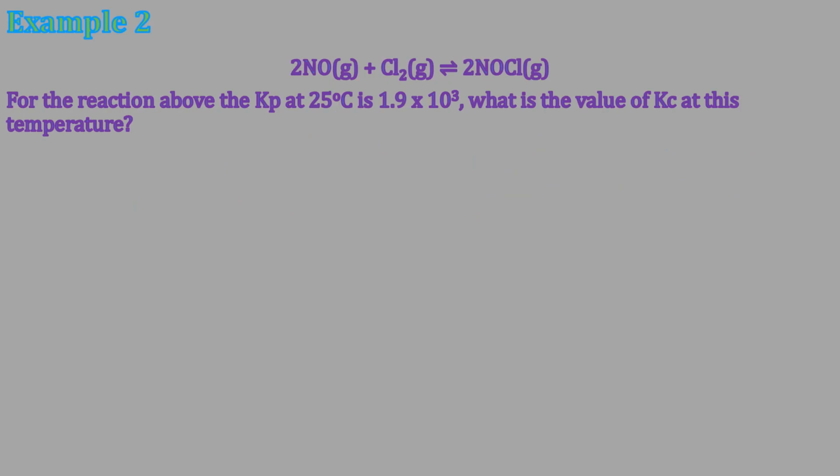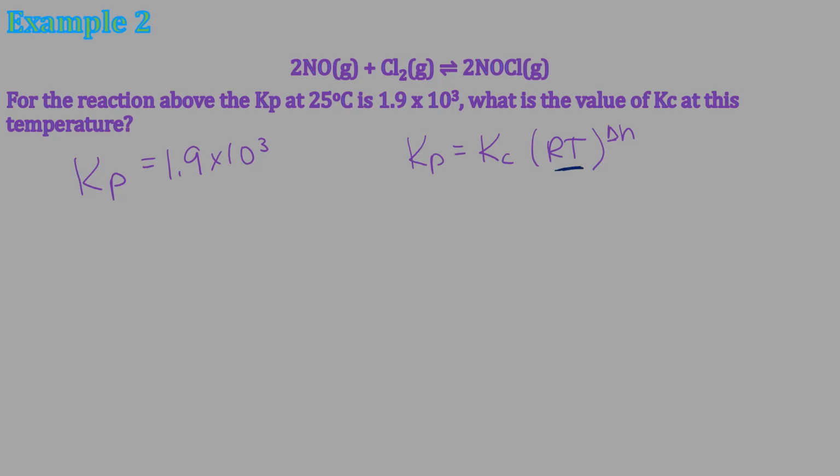For the reaction above, the Kp at 25 degrees Celsius is 1.9 times 10 to the third, and we want to know the value of Kc. So Kp is equal to Kc times RT raised to the delta n. That was the equation that we used. What I want you to notice right now is that it's only RT raised to the delta n.